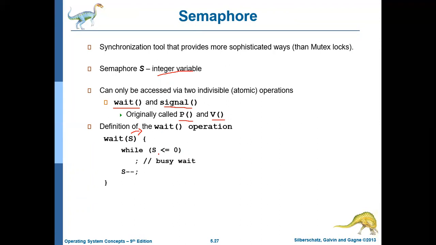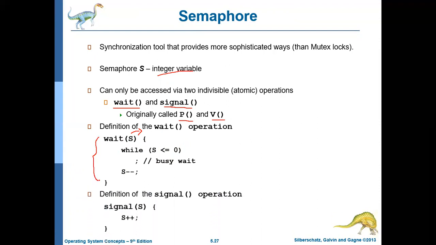If S is less than or equal to 0, then the particular process which called the wait will be in busy wait or spin lock. If S is not less than or equal to 0, then S will be decremented by 1. Okay. So this is how the wait instruction of semaphore is implemented.